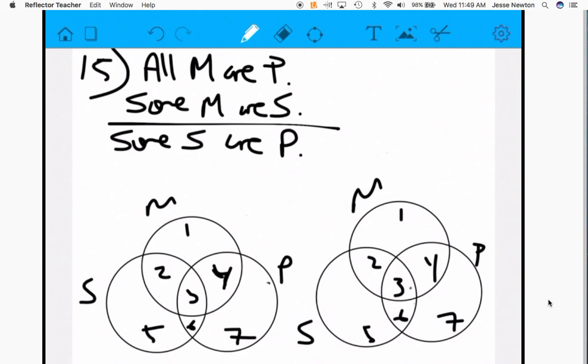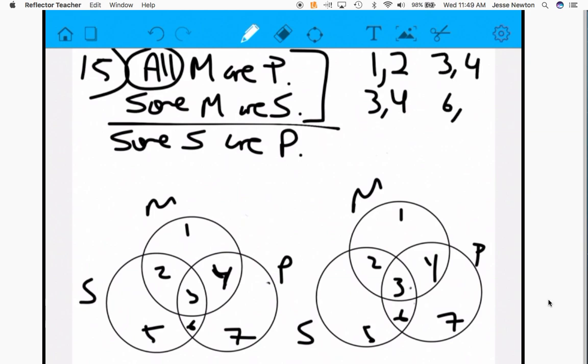So let's begin. We're going to begin by diagramming the combined premises, and keep in mind we always start with the premise that has the universal quantifier. So all M is 1, 2, 3, 4, and P is 3, 4, 6, 7.